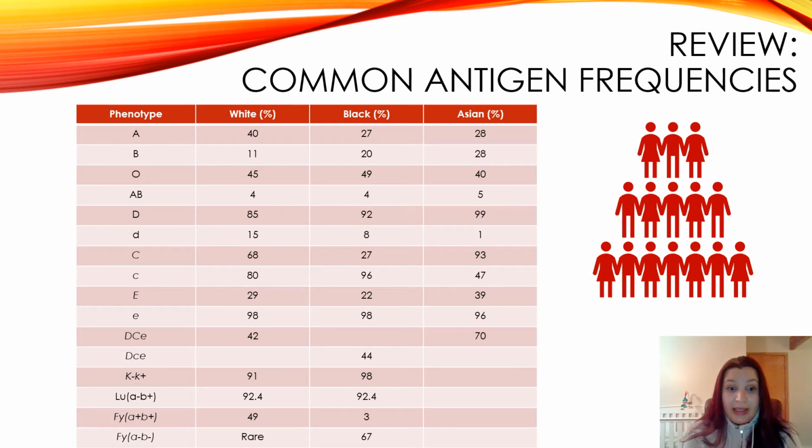We go down and see high frequency antigens, little k and Lutheran B. And then, as we've discussed in class, the Duffy phenotype, where we have Fy(a+b+) with 40% in the white population, but Fy(a-b-) very rare in the white population and 67% in the Black population. And as we've gone over, this is a defense mechanism against Plasmodium vivax.